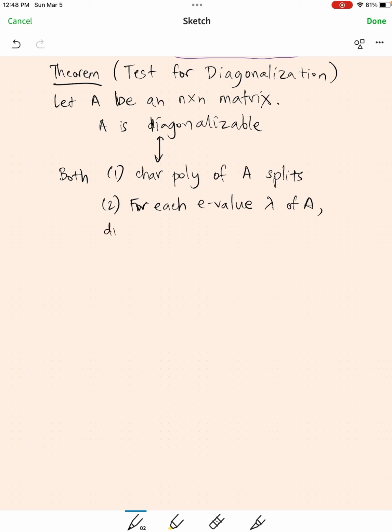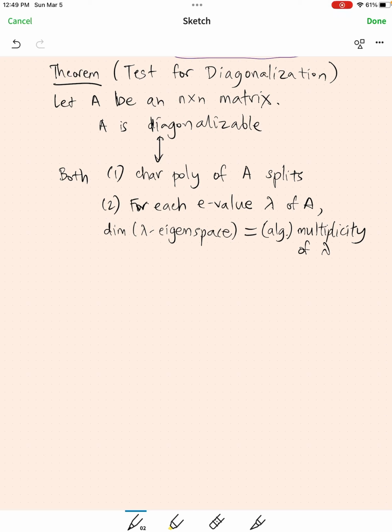So the dimension of the lambda eigenspace has to equal the multiplicity of lambda, so the algebraic. I mean, when I say the multiplicity of lambda, I usually just mean the multiplicity of lambda as a root of the polynomial, of the characteristic polynomial. Okay.